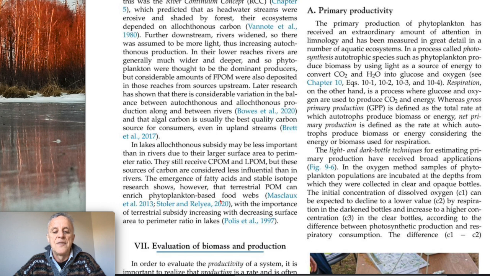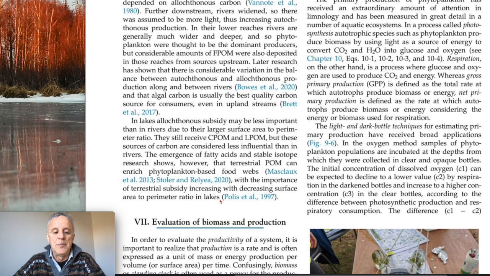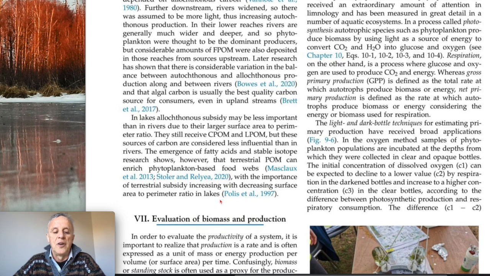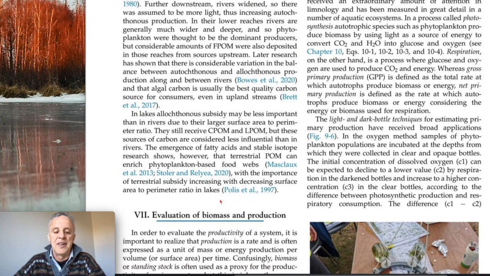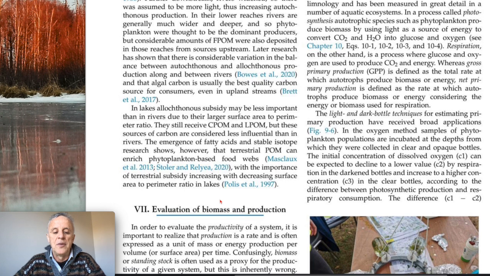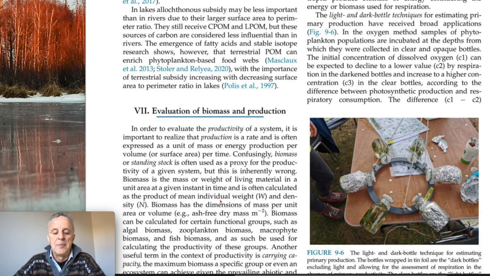They still receive CPOM, coarse particulate matter, or LPOM, large particulate matter, but these sources of carbon are considered less influential than in rivers. The emergence of fatty acids and stable isotope research shows, however, that terrestrial particulate organic matter can enrich phytoplankton-based food webs, with the importance of terrestrial subsidy increasing with decreasing surface area to perimeter ratio in lakes. Evaluation of biomass and production.